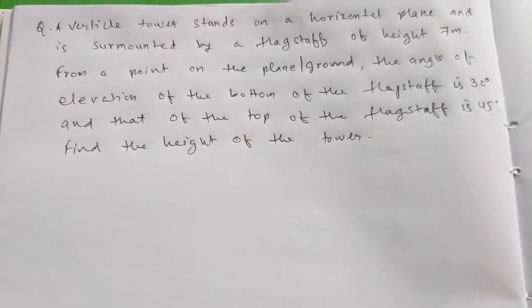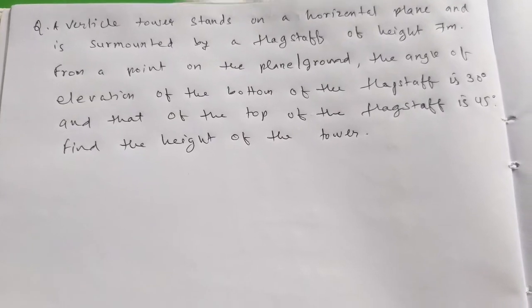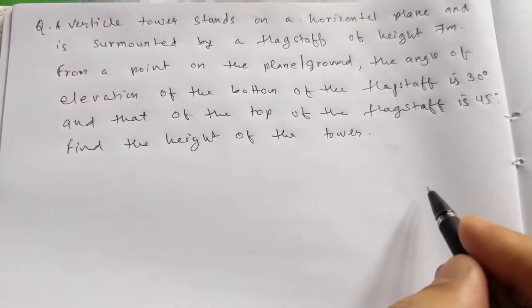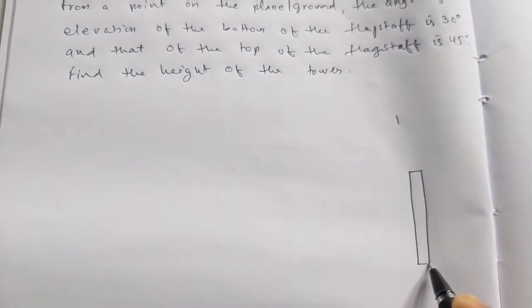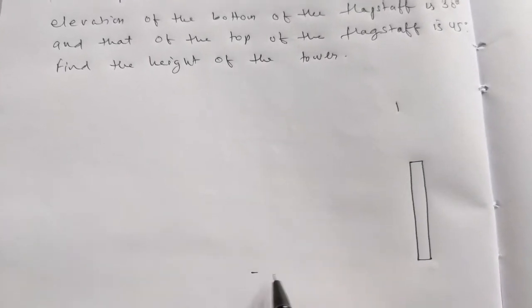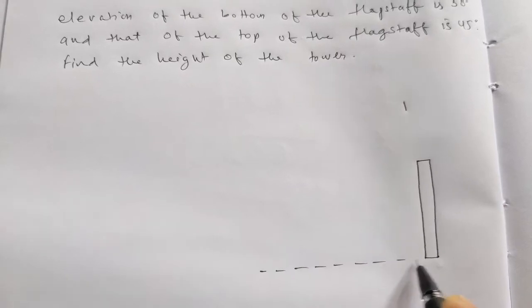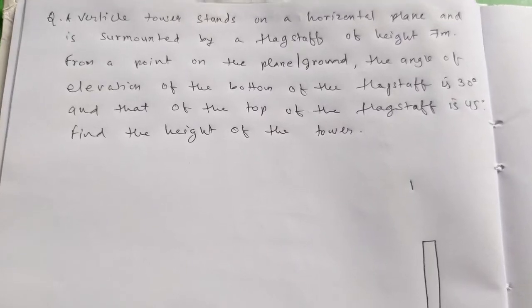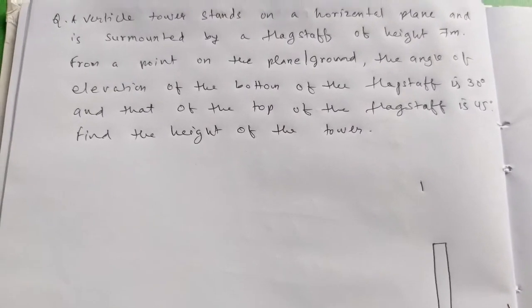So, line by line. The first sentence is: a vertical tower stands on a horizontal plane. This is a vertical tower, and this is the ground. The second is: surmounted by a flagstaff.